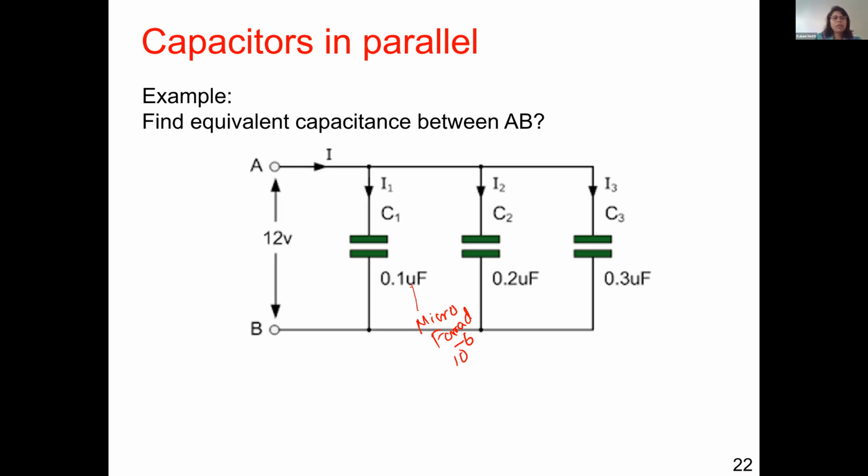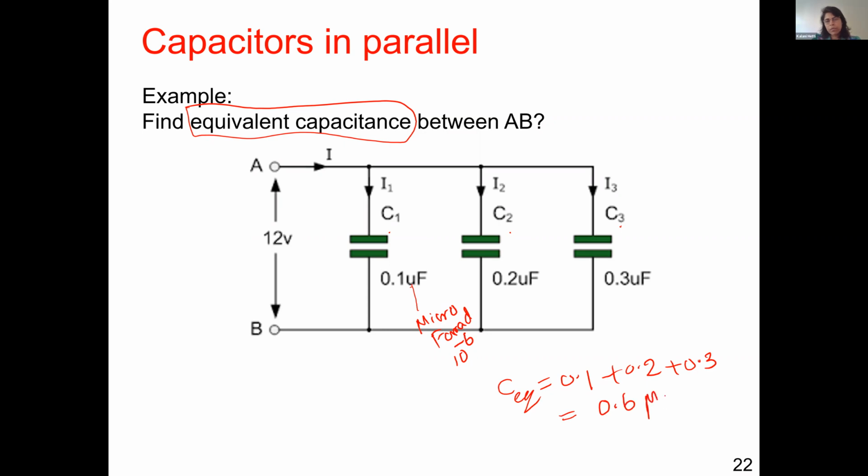I need to calculate the equivalent capacitance. How do I calculate it? You have C1, C2, and C3. You just add them. That will be the equivalent capacitance here. So you have 0.1 plus 0.2 plus 0.3. Everything is in microfarads, so you can write your answer in microfarads. It is 0.6 microfarad.